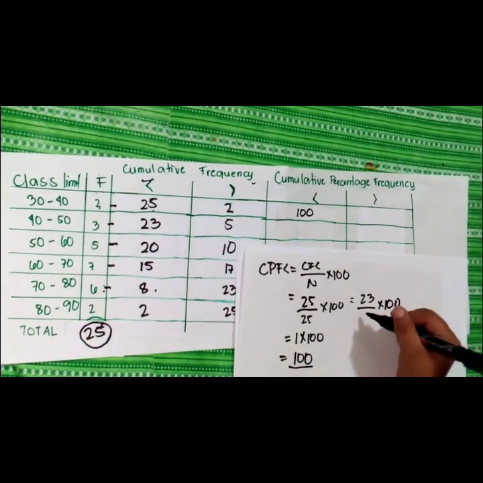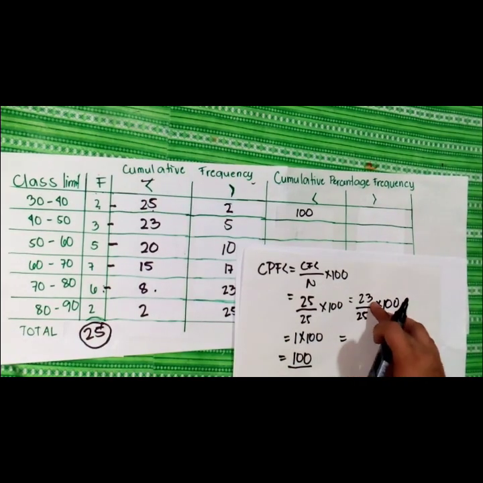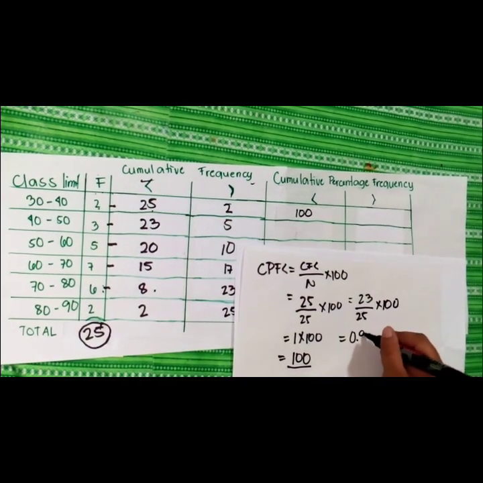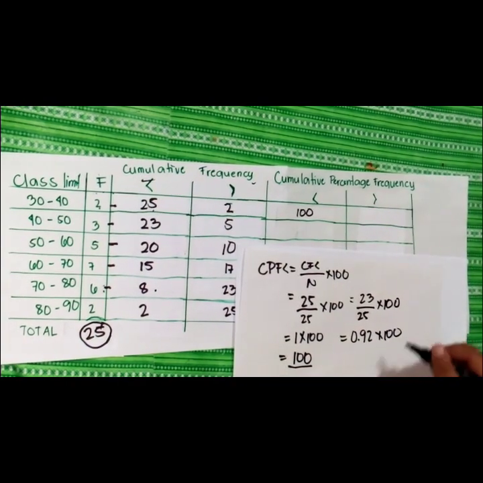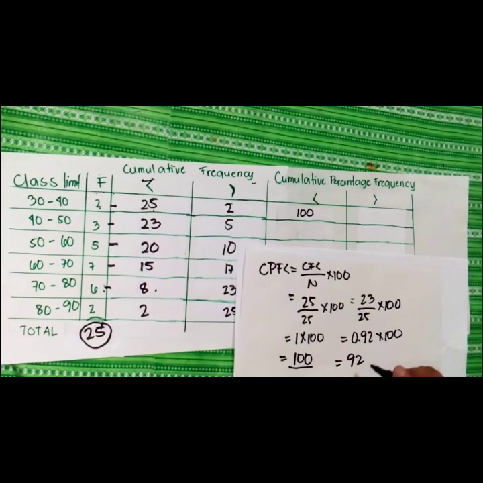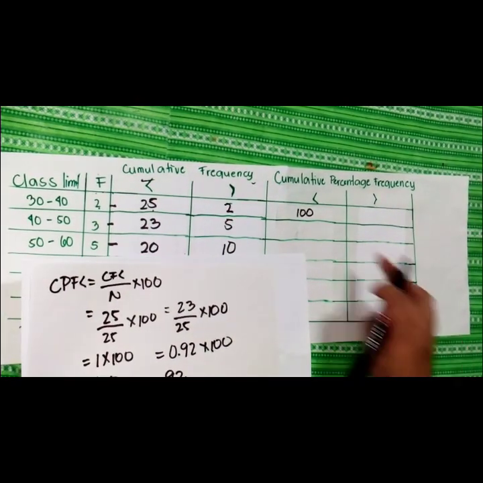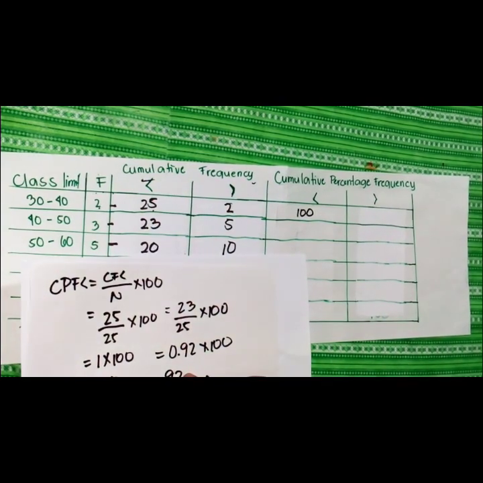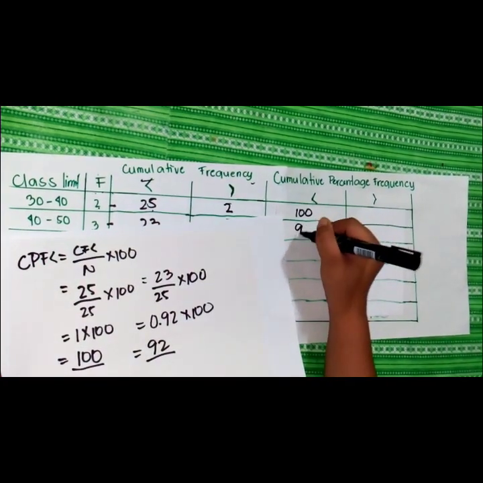And we have a number of cases, 25. 23 divided by the number of cases, 25, is equals to 0.92. 0.92 times 100 is equals to 92. And that is how to solve the cumulative percentage frequency lesser than. So we write the 92 here in the second row.